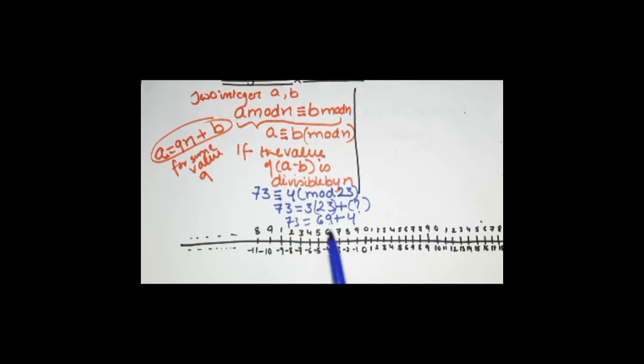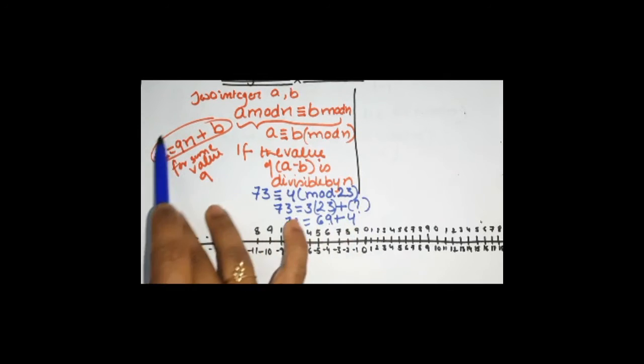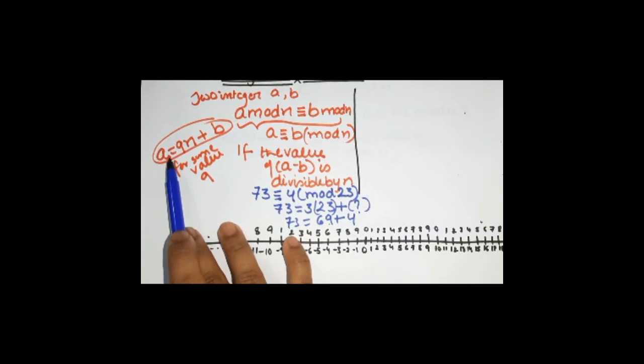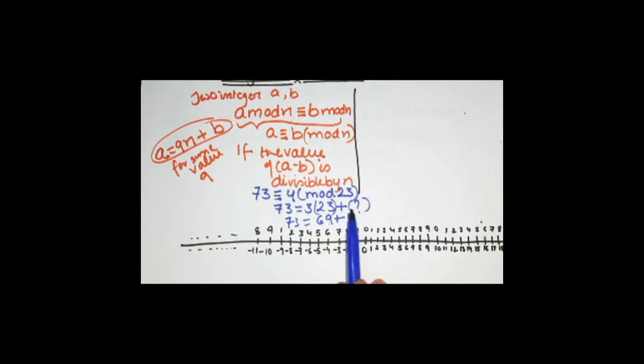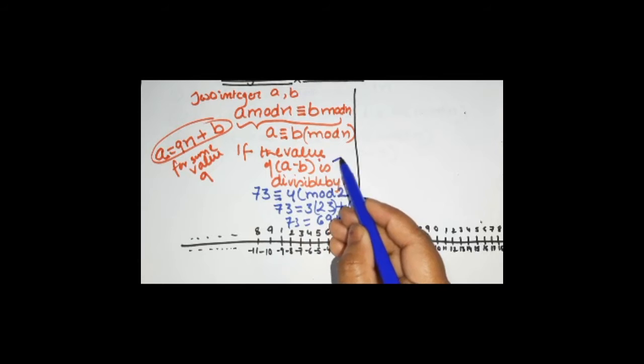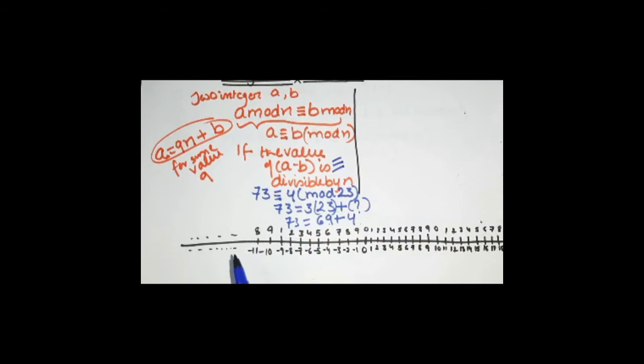Therefore, can you see that this condition matches with this? Why did I say you can write it like this? Just to illustrate that here 4 is definitely going to come. When you multiply something with 23 and add 4, you are going to get back 73. Right? And I also told you that if 73 and 4 are congruent, it must also follow this rule as we have seen.